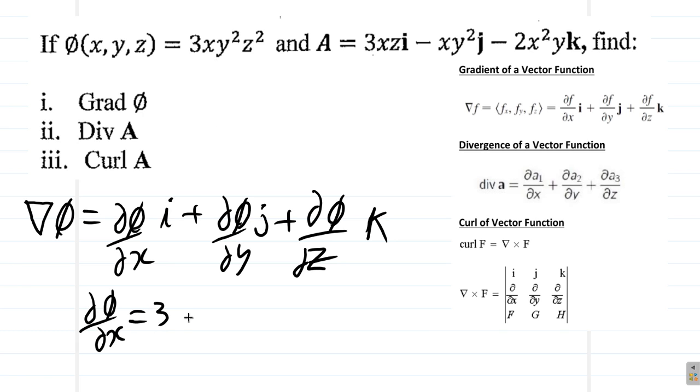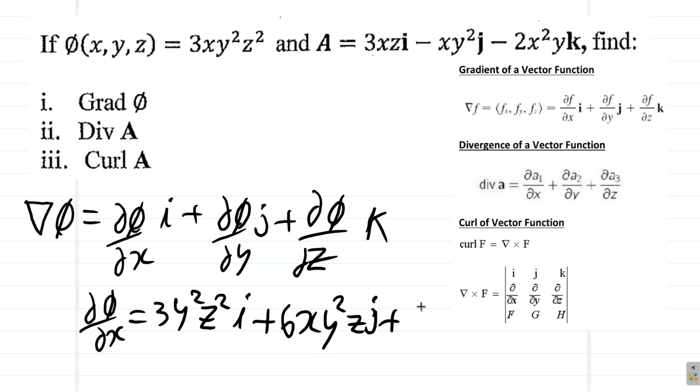It's going to be 3y squared z squared in the i direction plus partial phi by partial y, what is it now? 6xyz squared in the j direction plus partial phi by partial z.